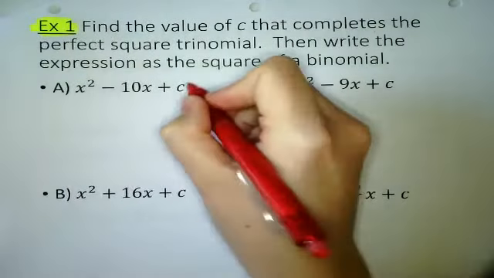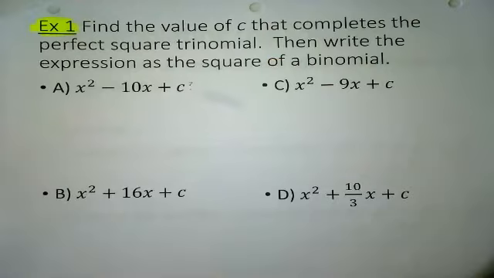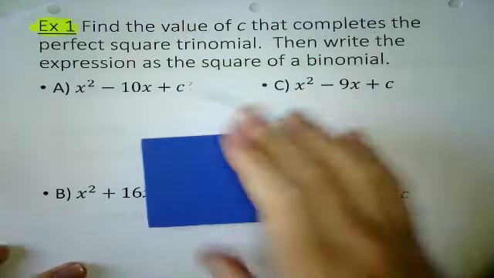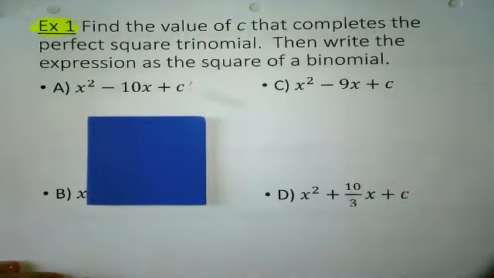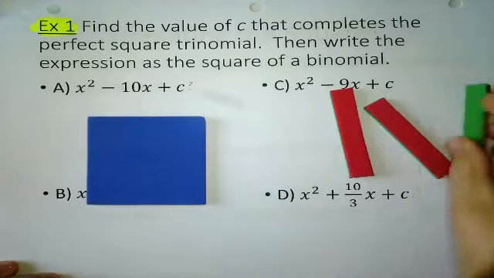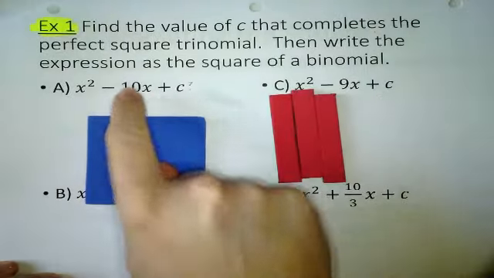So we're trying to figure out what this value needs to be so that this is a lovely little perfect square. And I absolutely just love how you can do this. If you were imagining algebra tiles, then I have a 1x squared, and I have 10 negative x's.